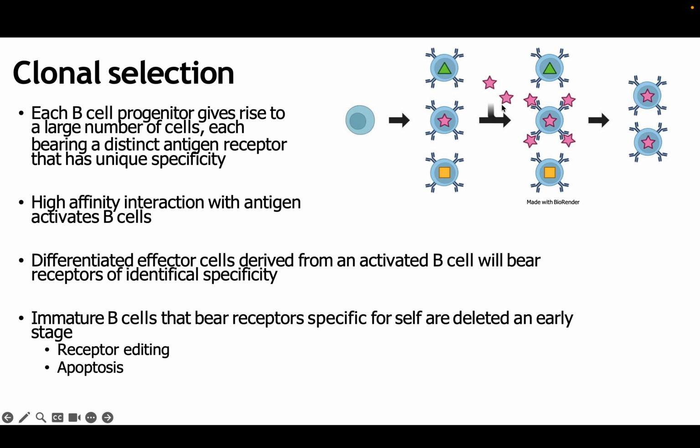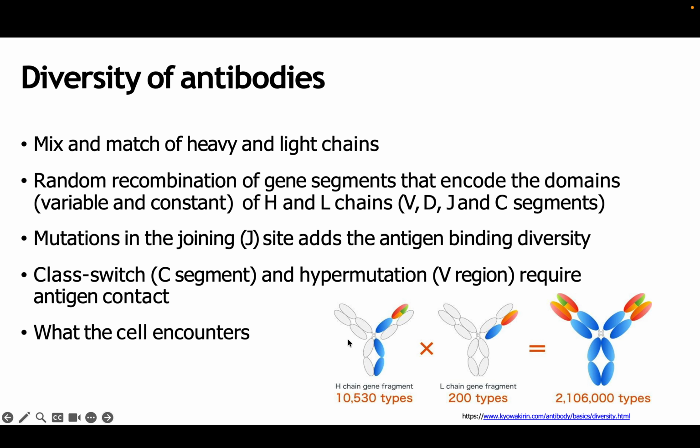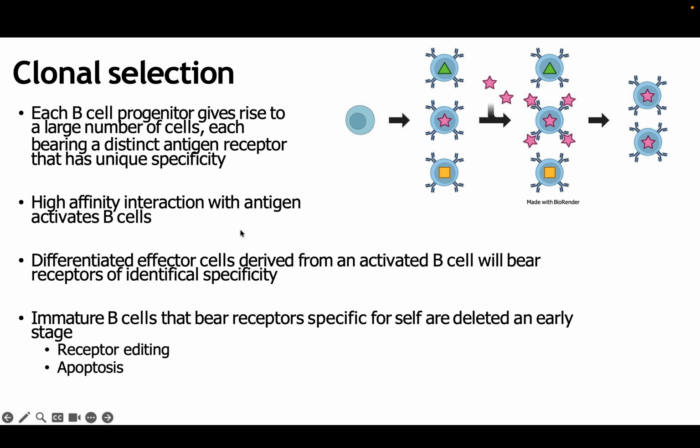So if you're infected with stars, it's only the B cell receptor that is able to bind perfectly. That's the one that is going to proliferate. So the rest are dead. You get a huge diversity because of all of these reasons that I just gave, because you're trying to find the perfect B cell that's able to bind to the antigen that you're infected with.